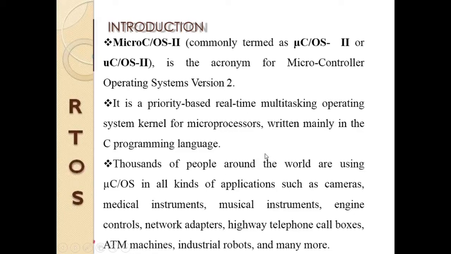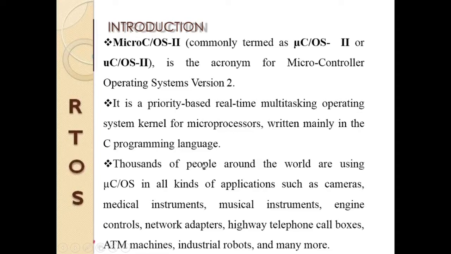Talking about the features of this real-time operating system, it is completely written in ANSI C and it is a priority based real-time multitasking operating system kernel, and its code size is very small.